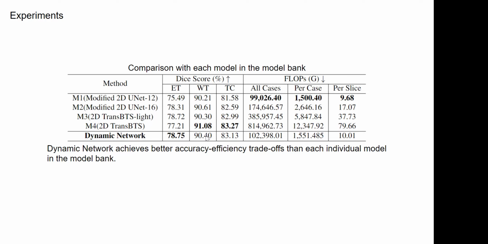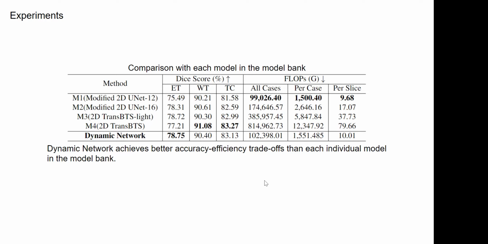And the dynamic network basically takes the advantages of both: the good performance of the large model, and the low computational cost of the small model. We can see the performance is basically comparable with the largest model in the model bank, but the computational cost is also comparable to the smallest model in the model bank.